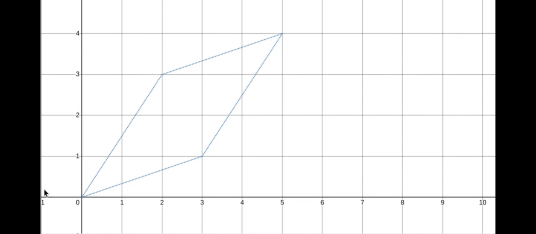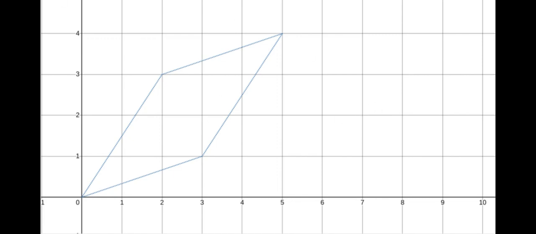Okay, so I've just put a bunch of line segments here. They're all parallel to each other, so that makes it a parallelogram, right? So, what is the area of this thing? This is the beauty of geometric algebra. It takes geometric shapes and turns them into algebra.